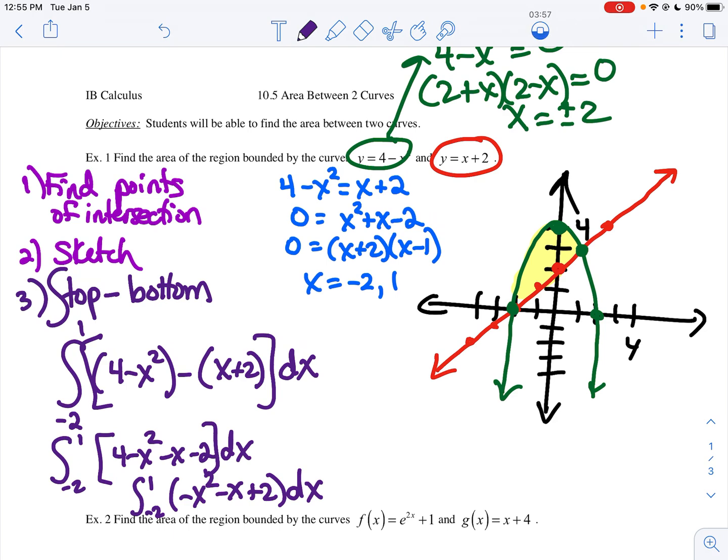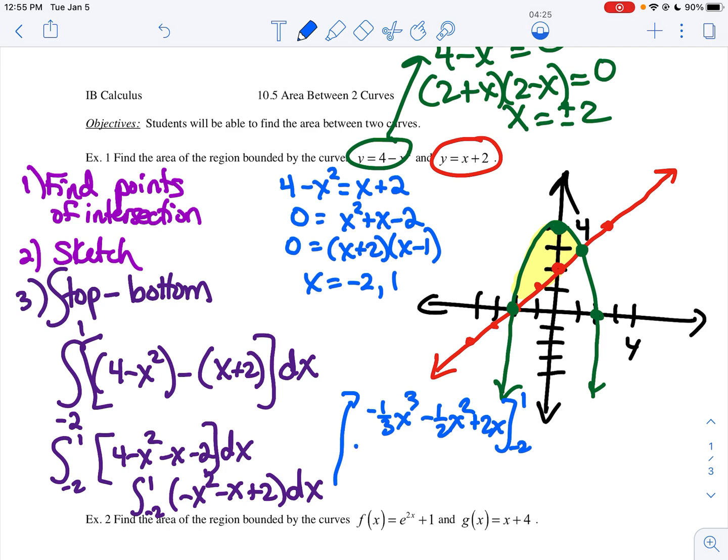Okay, I'm going to pause, and what I want you to do is I want you to find this, and don't do this on the calculator, okay? Don't do it on the calculator. Work it out, and then tell me what you get. All right, so this is -1/3 x cubed minus 1/2 x squared plus 2x.